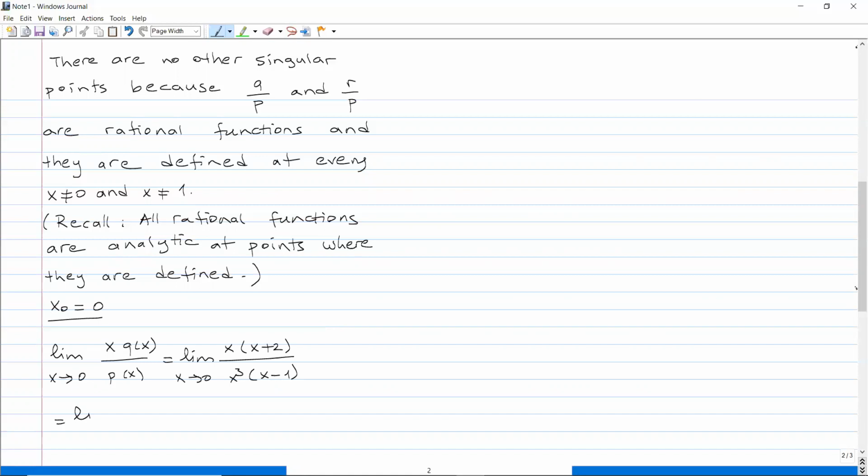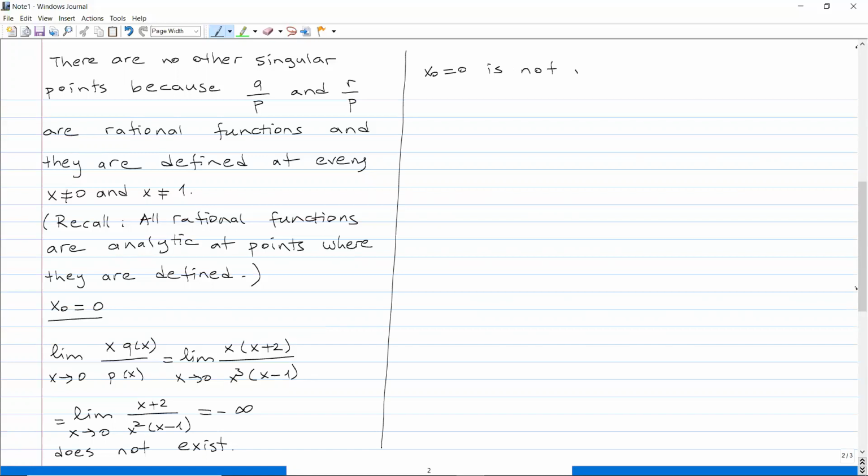So if you simplify the x, we have x plus 2 divided by x squared, x minus 1. As x goes to 0, numerator goes to 2, denominator goes to 0, and is negative. So this limit is minus infinity, does not exist. So we don't need to check the other limit. Once one of them doesn't exist, it cannot be regular. x0 equals 0 is not regular.